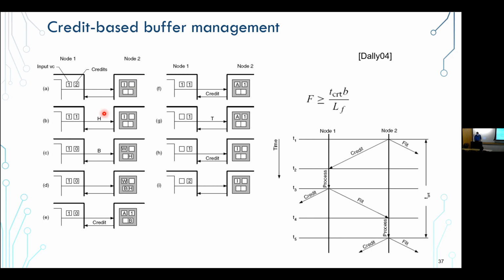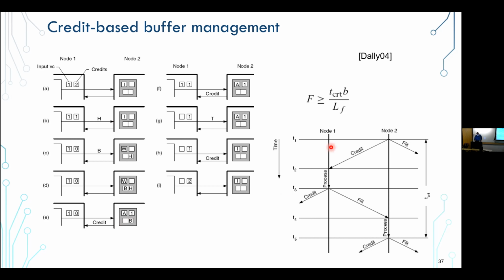So as you're sending stuff, you're decrementing your credits, and then at some point, as you decremented your credits to 0, you've now transferred both flits, right? You started with 2. Now you have to receive a credit back in order to be able to transmit the next one. That means that the head already had to leave and make one empty slot in the input buffer so that you can now populate. So this credit closely tracks the availability in the downstream buffer so that you can actually send stuff, right?